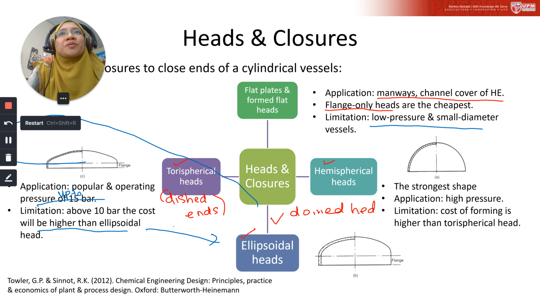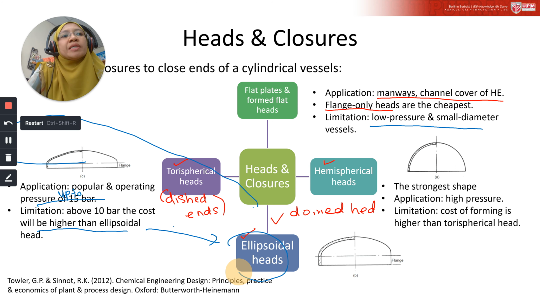The common practice for application above 15 bar is that people will select ellipsoidal heads. For hemispherical heads, it is considered the strongest shape and is capable of resisting high pressure, much stronger compared to the toruspherical.